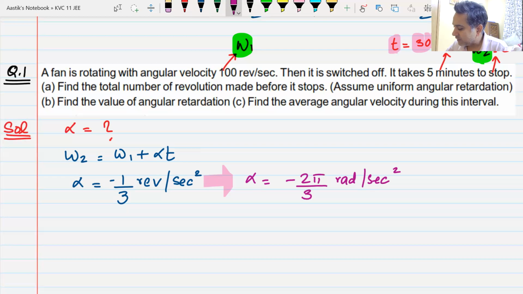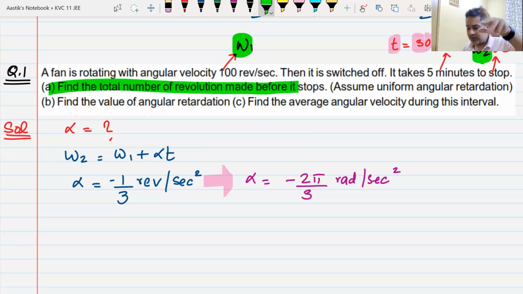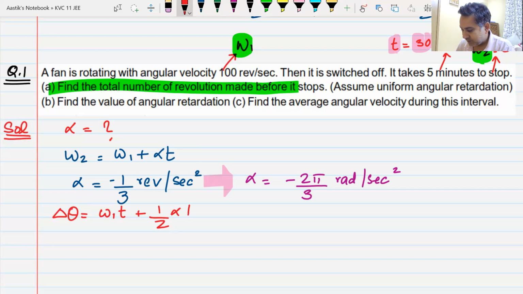How can you find the total number of revolutions, how many revolutions it has made? You can apply the formula: angular displacement is omega 1 into t plus half alpha t square. If you use everything in revolutions, you will get the answer in revolutions. If you use everything in radians, you will get the answer in angle.